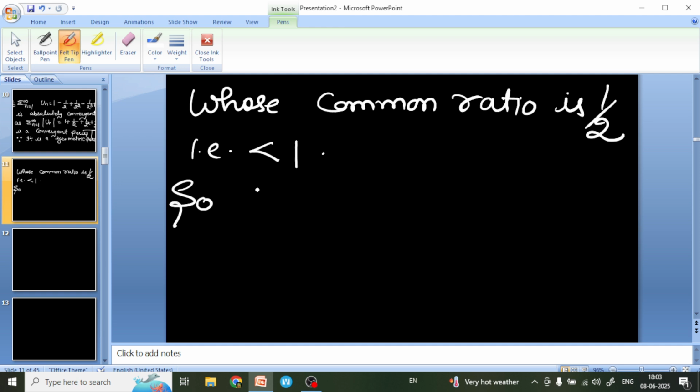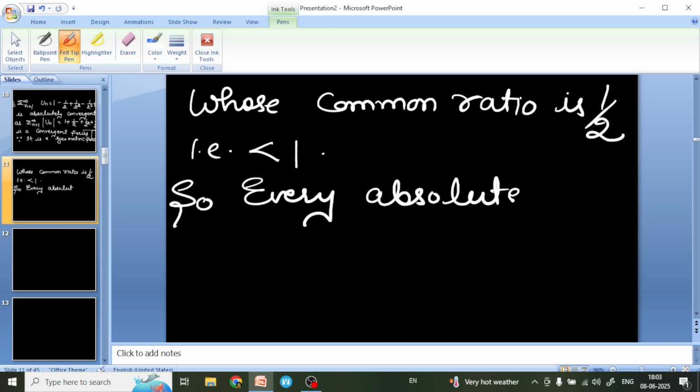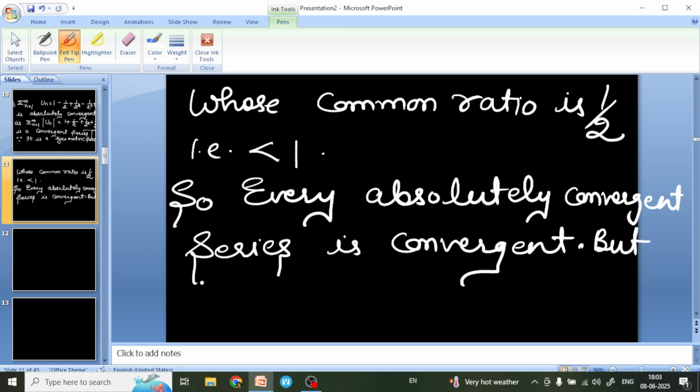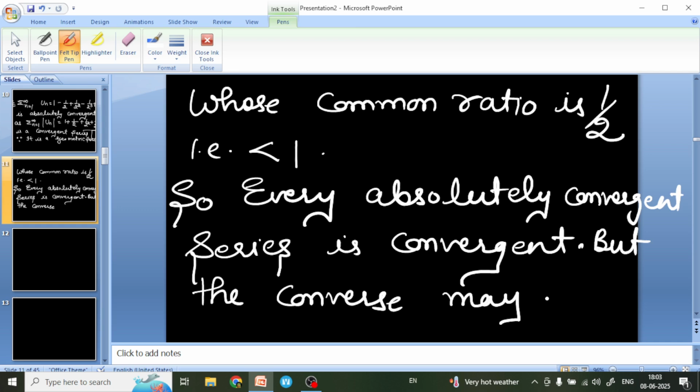So every absolutely convergent series is convergent, but the converse may not be true.